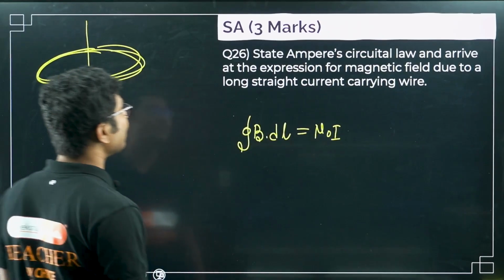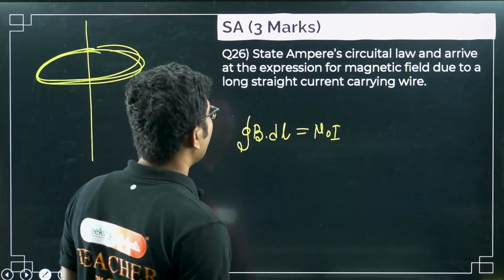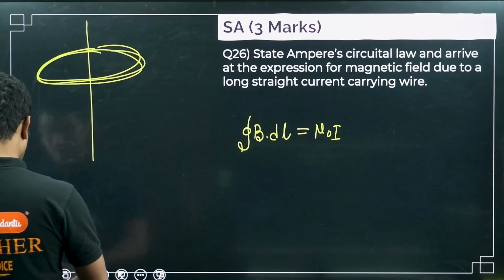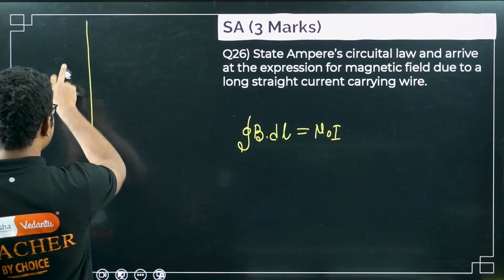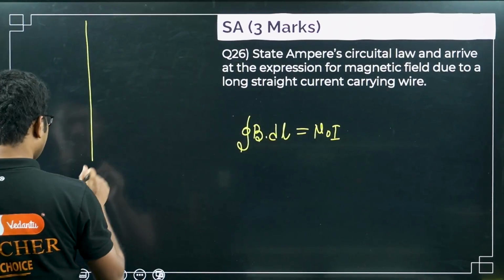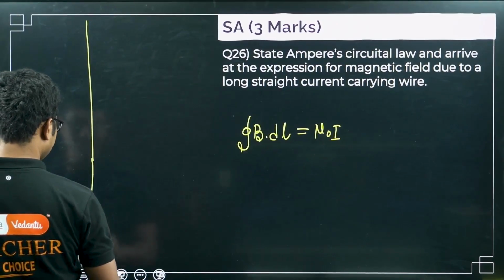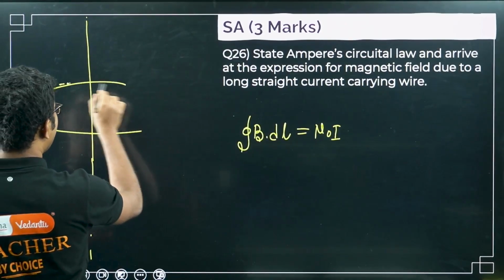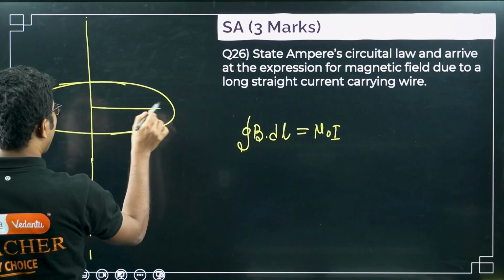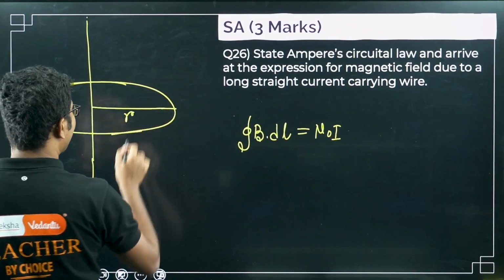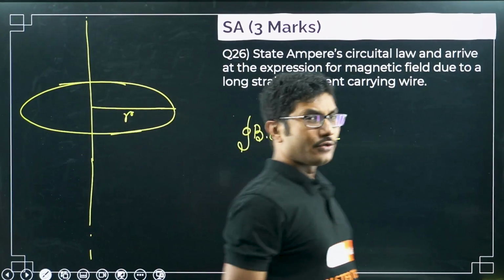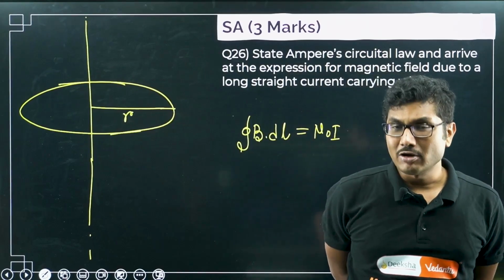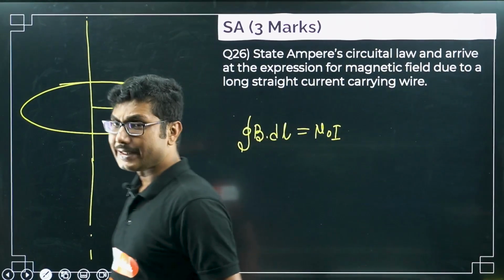Now they have asked you to find the expression for the magnetic field due to a long straight current carrying conductor. This came once in your previous year. It is a very easy derivation, so that's why I am doing it. You should also prepare for easy questions which may not be very common but might come in your exam.